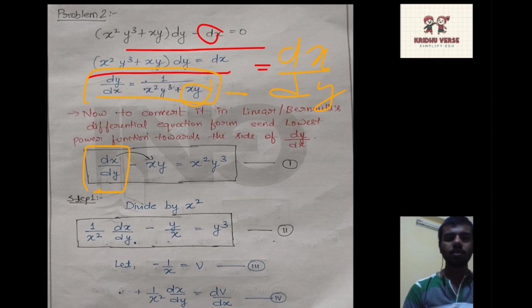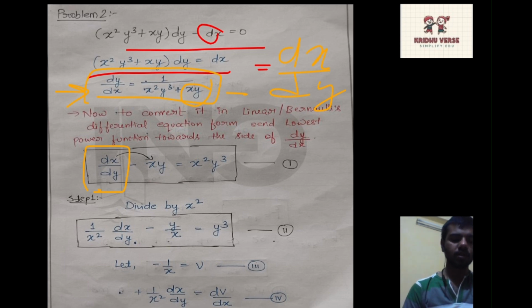So we did that only. Now normally, sending it like this is not possible. In this form we can't send. So we have to convert it into a normal polynomial equation, not in fraction.